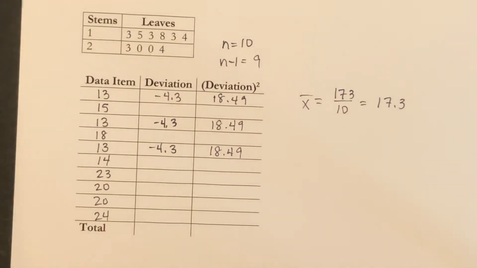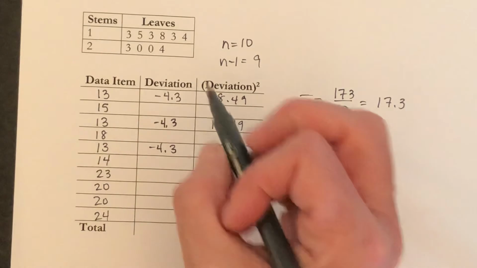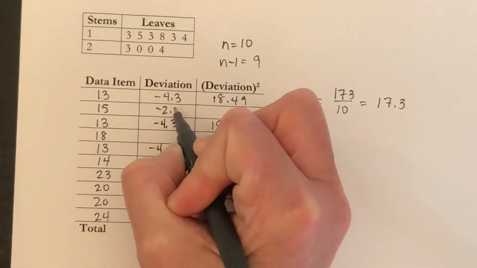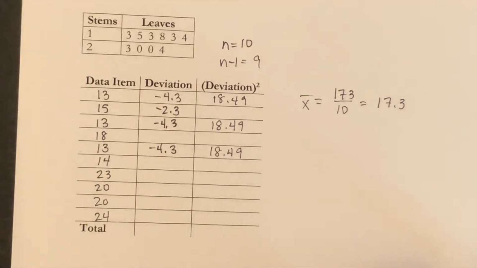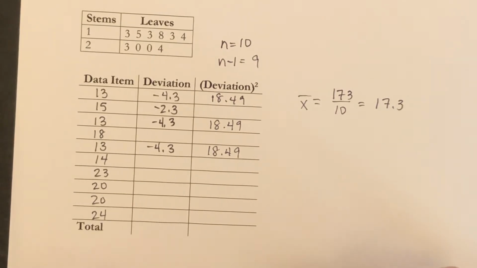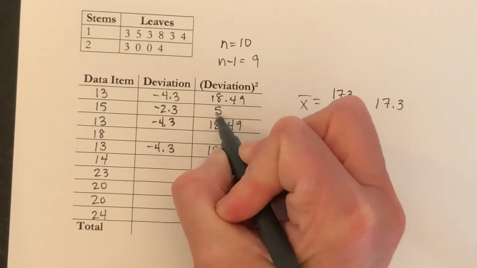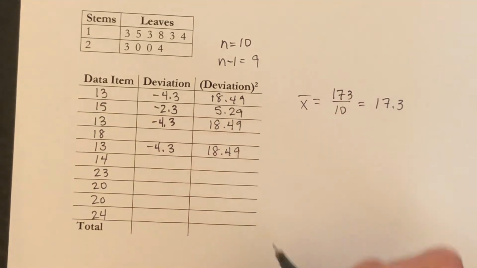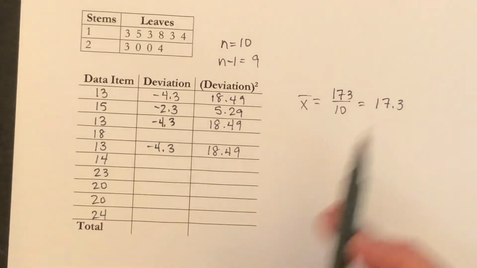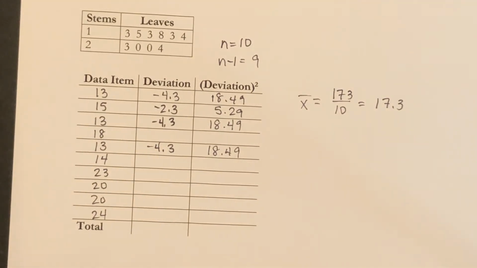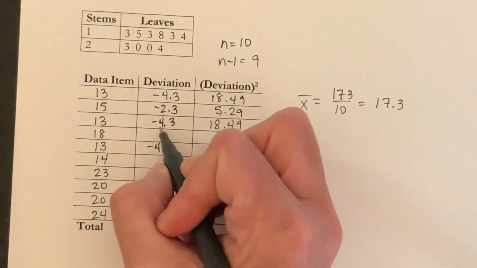Now 15 minus the mean is negative 2.3. And if I go ahead and square that, I get 5.29. 18 minus the mean gives me 0.7.